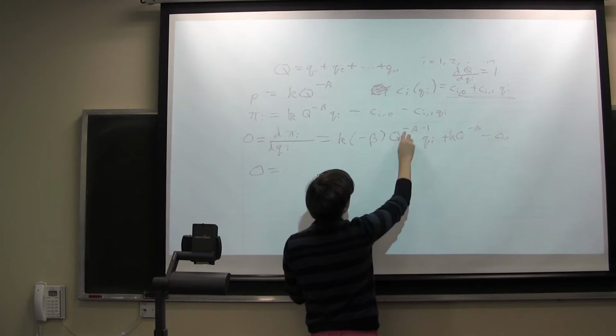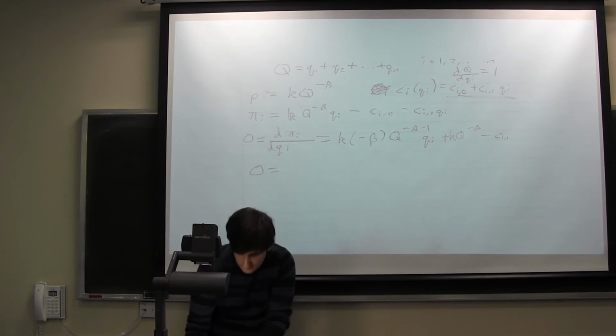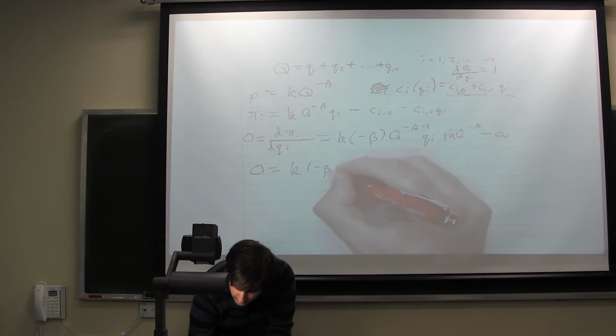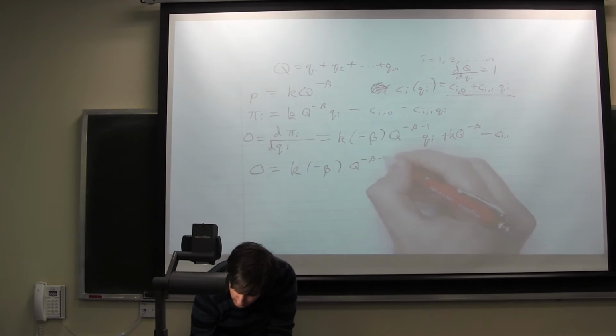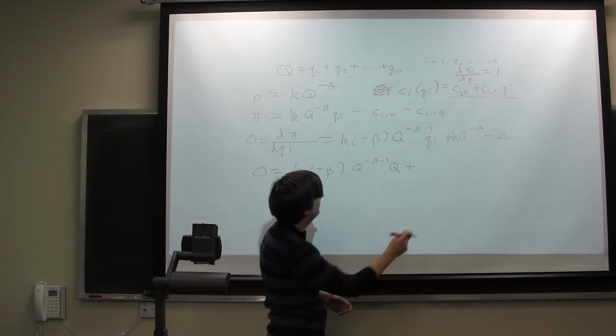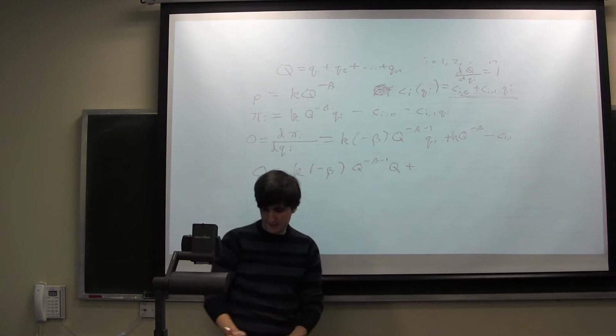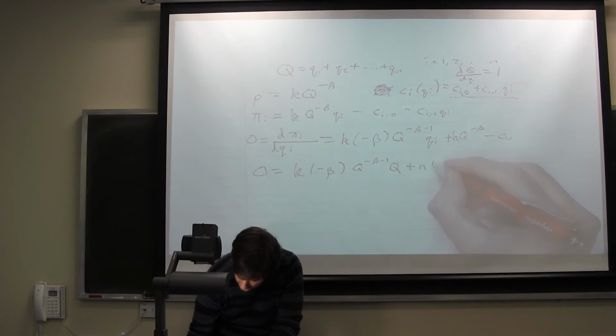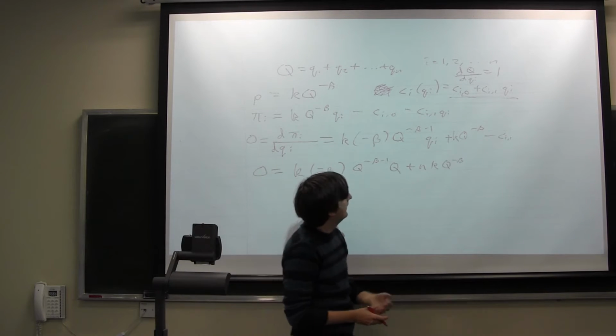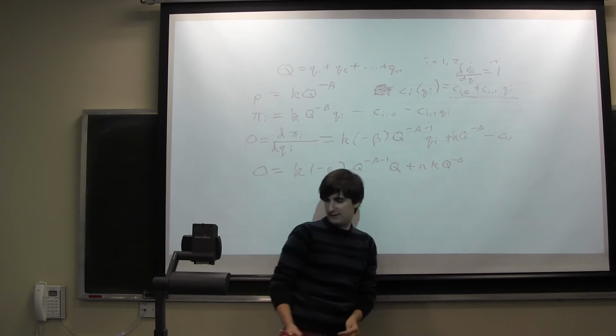So you get all of this times big Q. So K times minus beta Q to the minus beta minus 1 times big Q. And then here there's no i. Because there's no i, we just get n copies of it. So n K Q to the minus beta. And then we get the sum of the marginal costs.